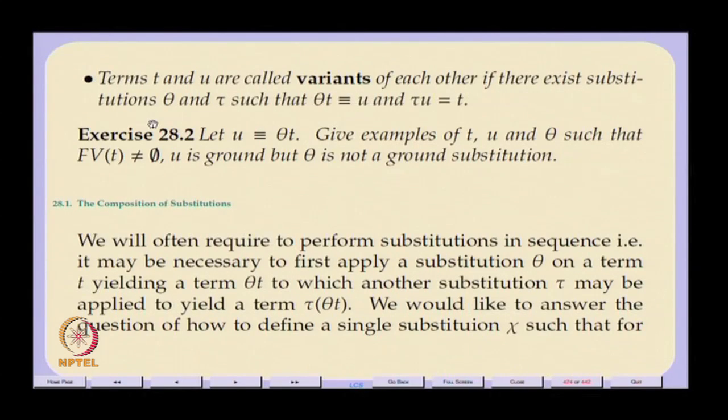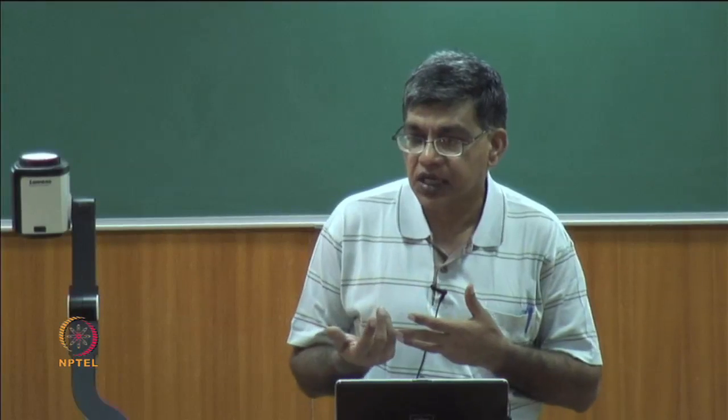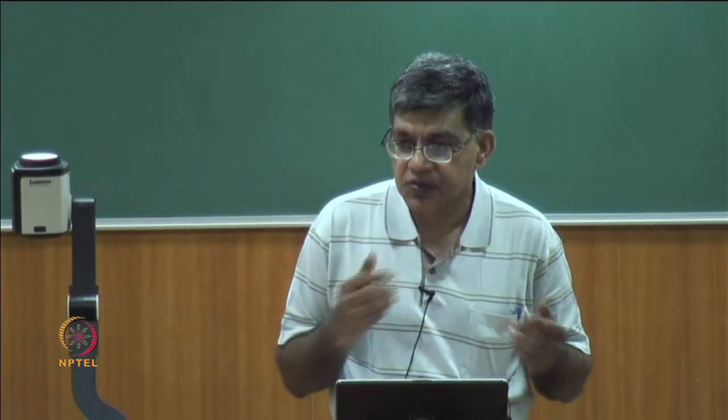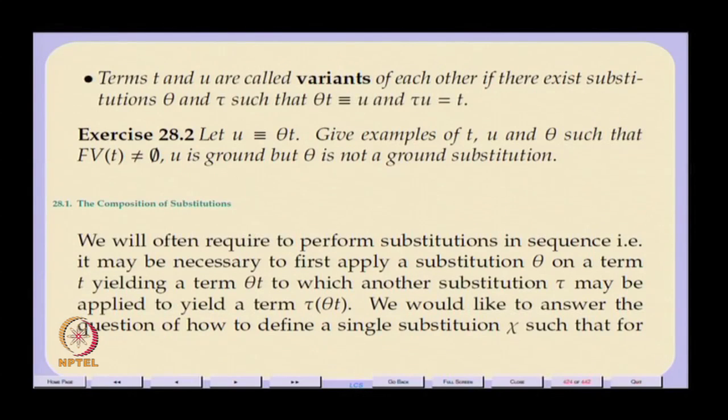Okay, so two terms t and u are called variants of each other if I can find two substitutions theta and tau, such that theta applied to one of them gives me the other and tau applied to the other gives me the first one. But more often we will not be looking at two different substitutions.